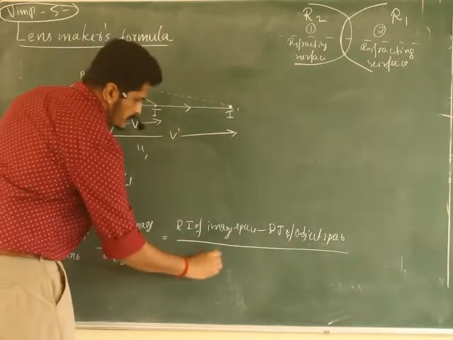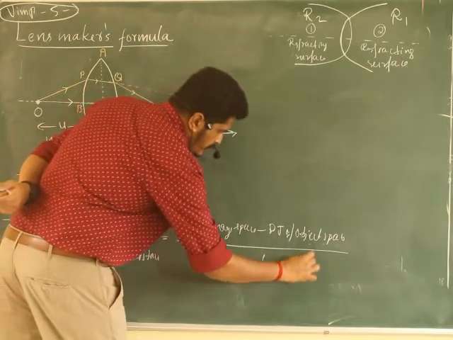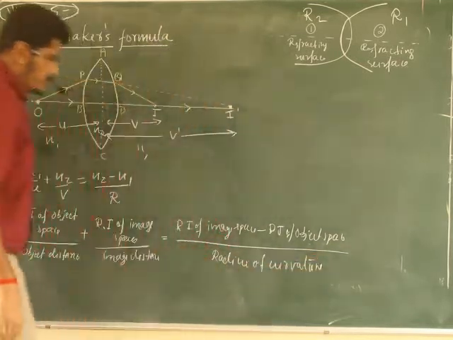R means radius of curvature. So like this you have to write down, okay?